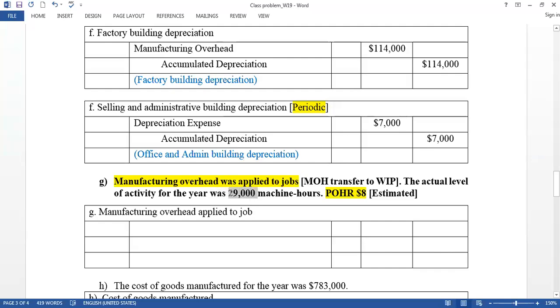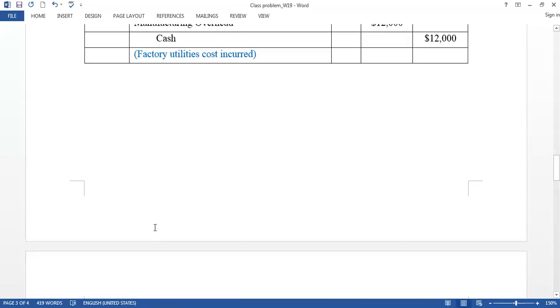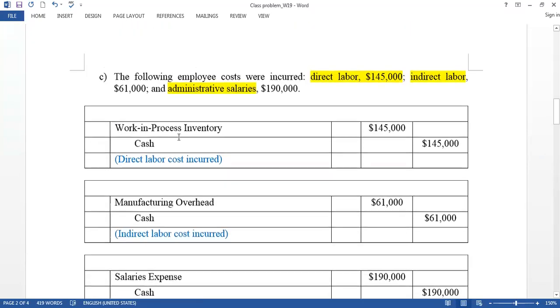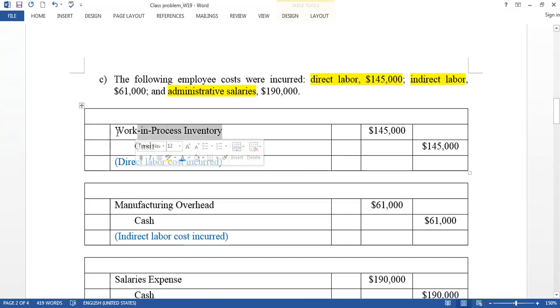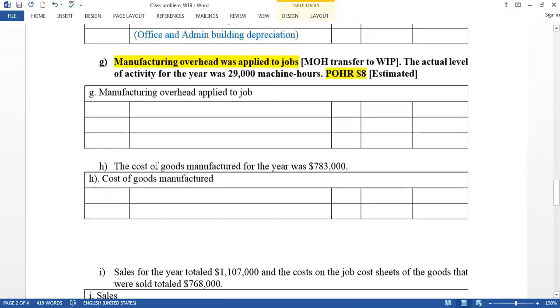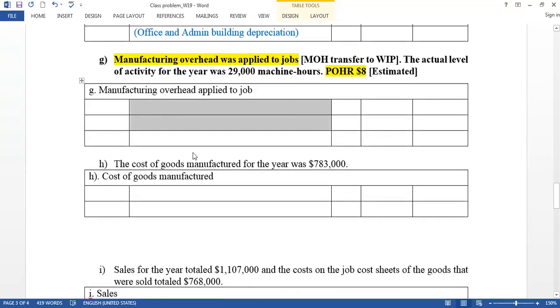We estimate a rate for per hour, and we transfer this money from manufacturing overhead to work in process. So work in process debit and manufacturing overhead credit.